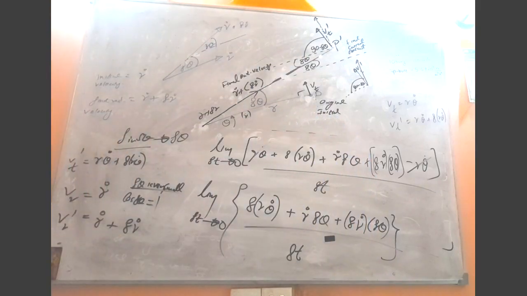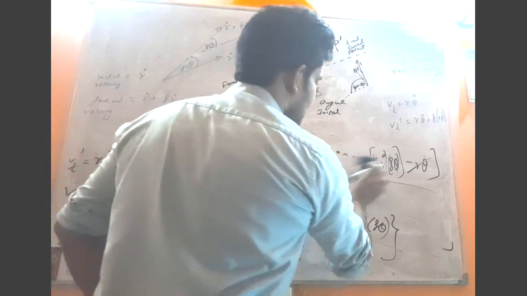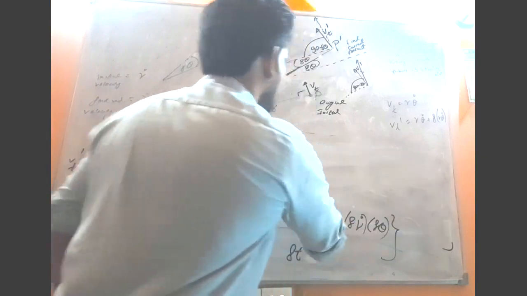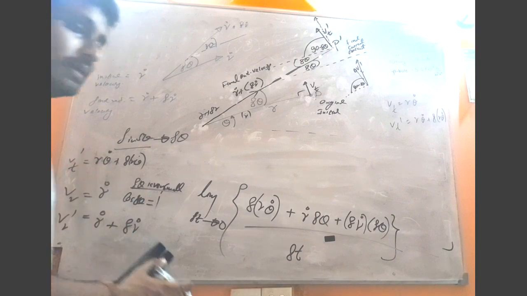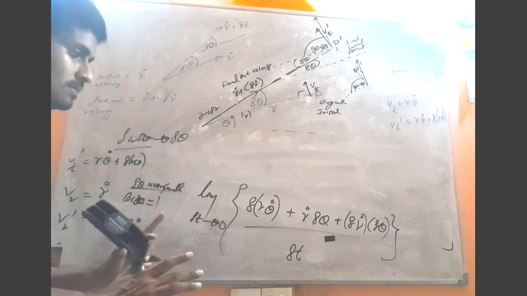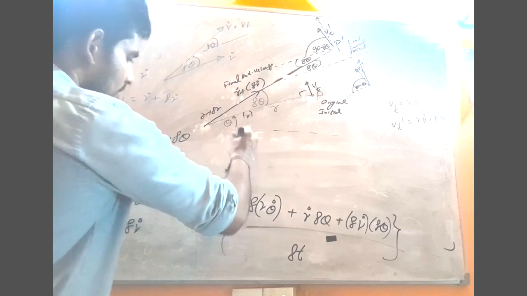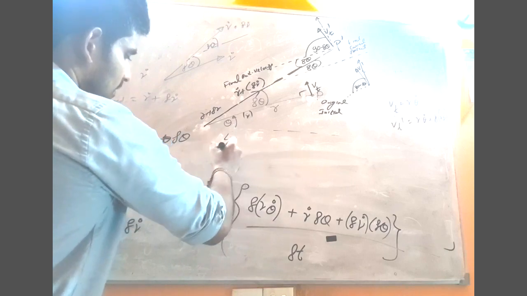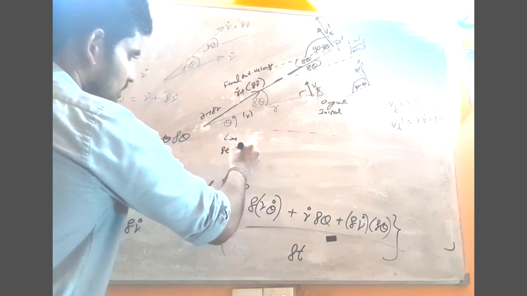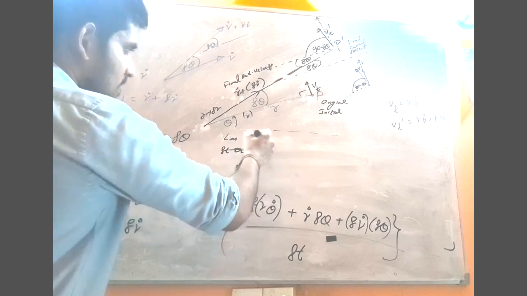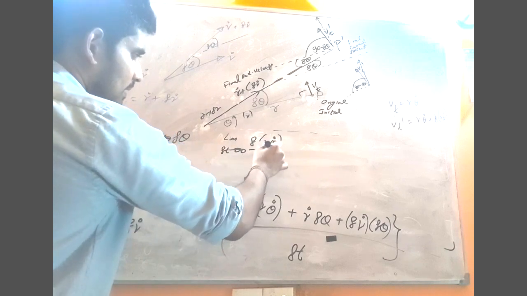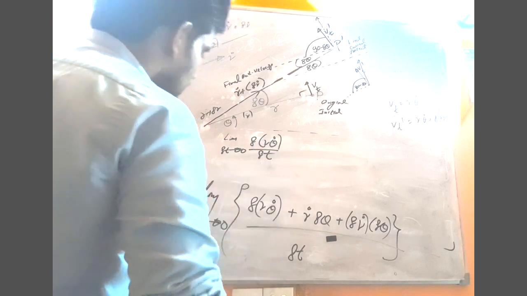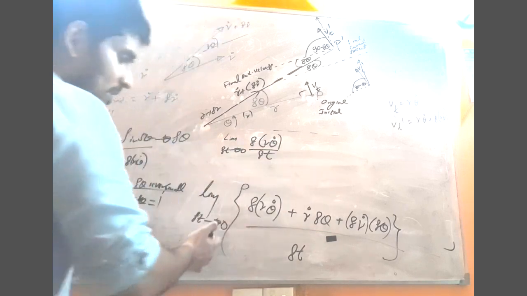Right? So then here is this part. Now we can separately apply this limit operation, right? You got the point, right? Limit delta t tends to 0, delta r theta dot divided by delta t. Got the point, right? So now we are going to apply this limit operation separately.